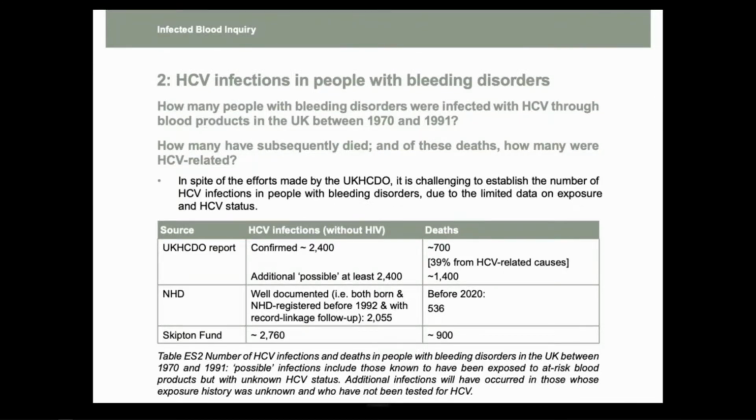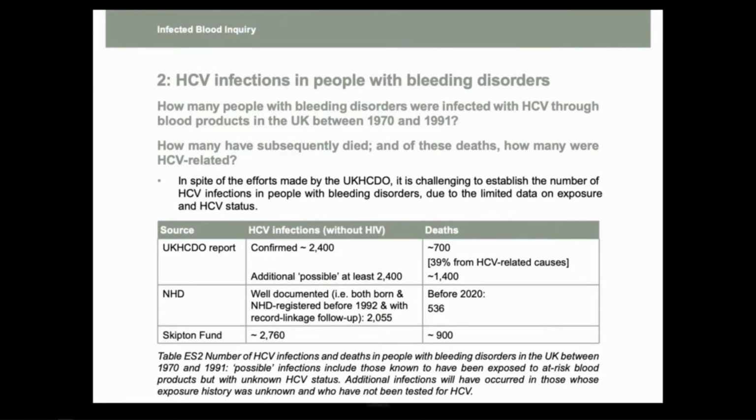Yes, the Skipton Fund could have some double counting in it. Yeah, but if we just use the 2,400 to 5,000 range, then the arithmetic would be right. Would it be a fair representation?